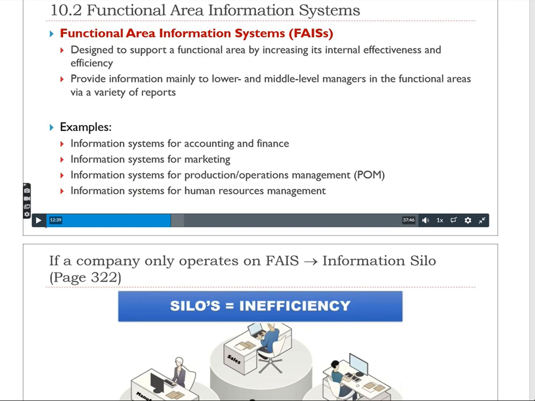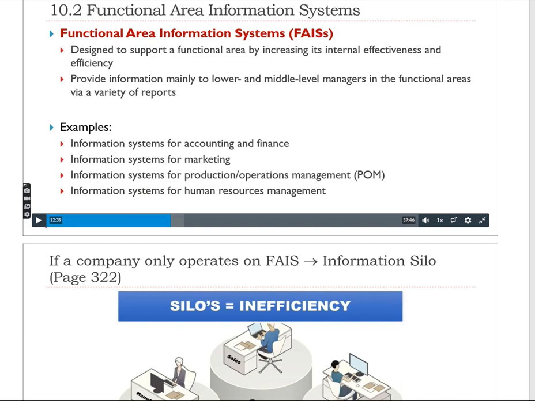Functional area information systems. Well, these are basically designed to support business in its various departments. For example, accounting, payroll, inventory, sales, human resources, everything that is affiliated with a business enterprise.